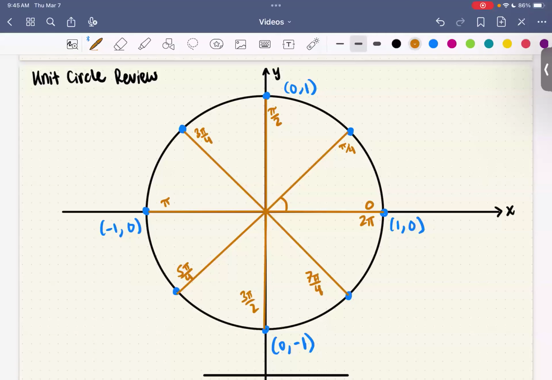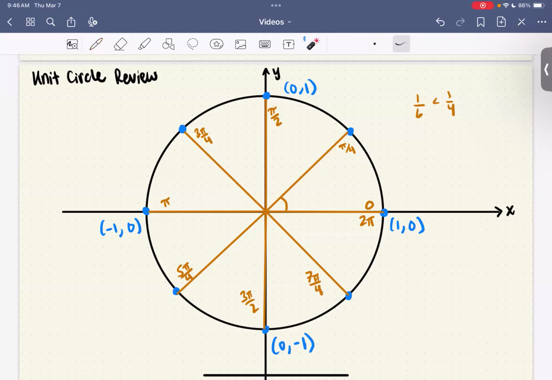Okay, there are other angles along the unit circle that we commonly reference, other than the ones that cut it into fourths. We also cut the unit circle into sixths. So I like to think of a sixth. I know that 1/6 is less than 1/4.